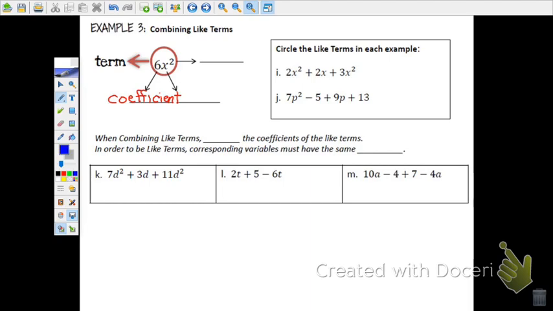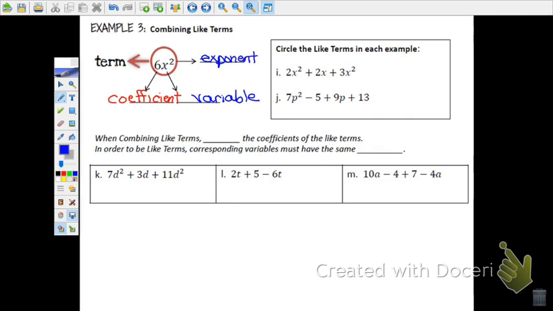The letter is the variable. And we know from a previous section that this raised number 2 is called the exponent.